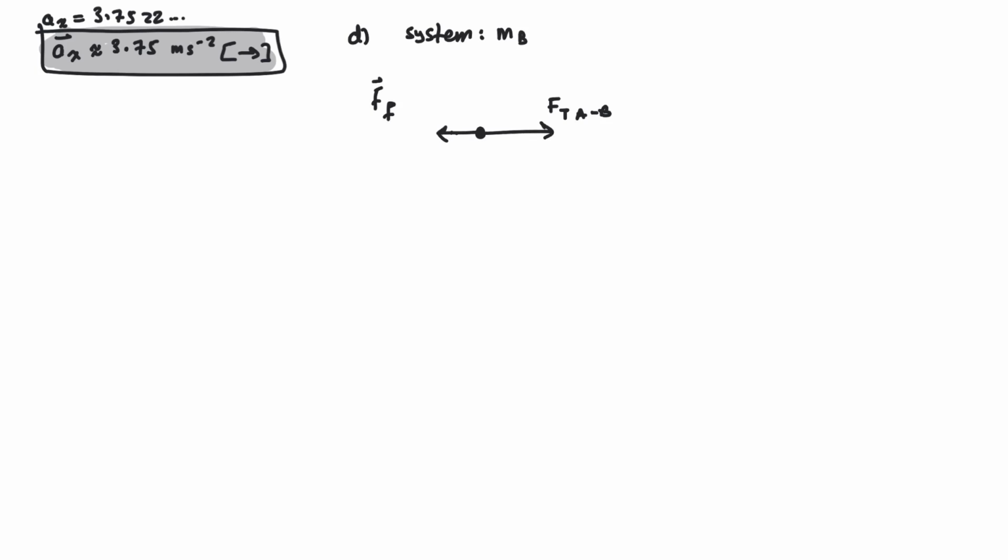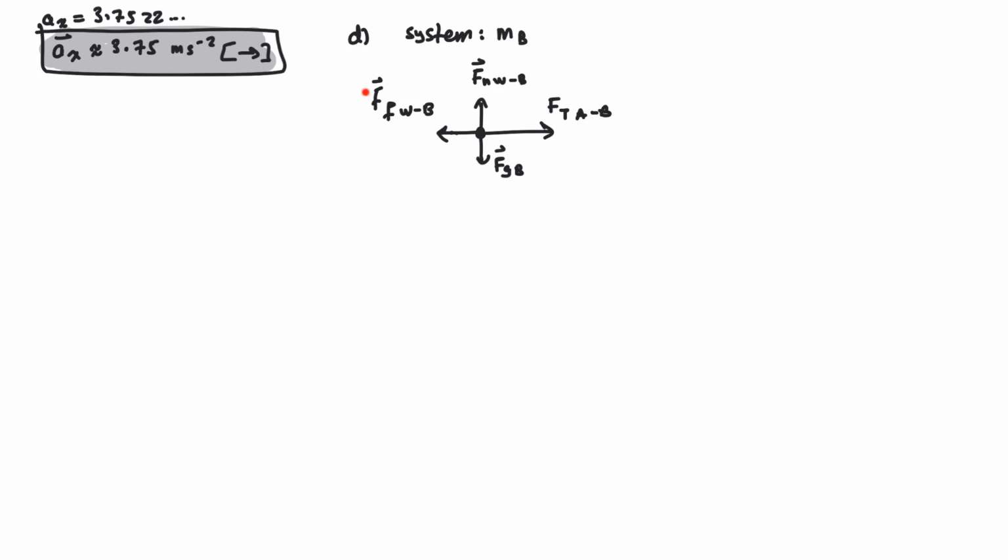And this force of friction is acting from surface W onto my mushroom B only. There is going to be a normal force acting from the surface onto my mushroom B. And there's going to be a gravitational force acting from Earth onto my mushroom B.